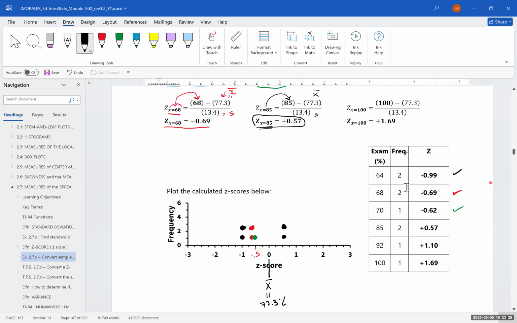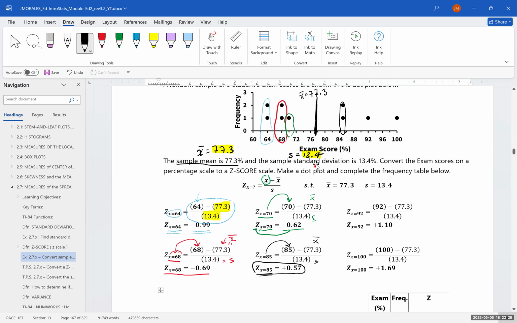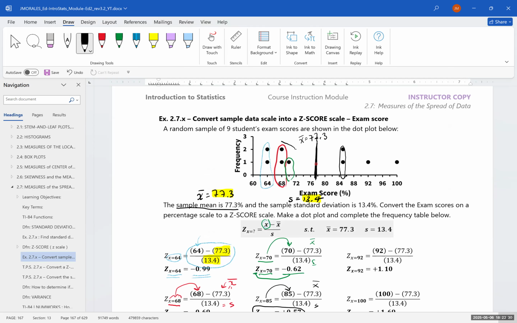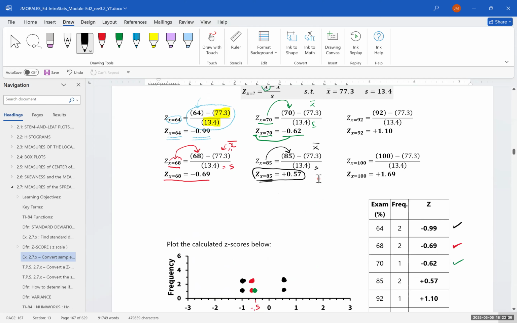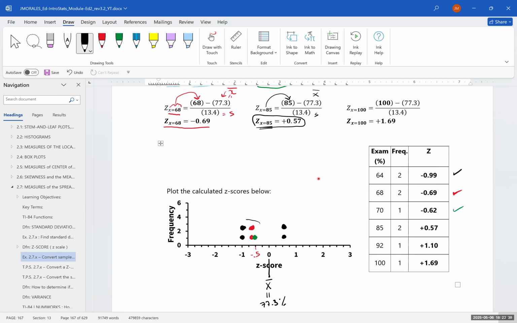And so what do you notice? If we come up here, we had these 5 points to the left of our mean, and we've got these 5 points to the left of 0. All right, see how that works?